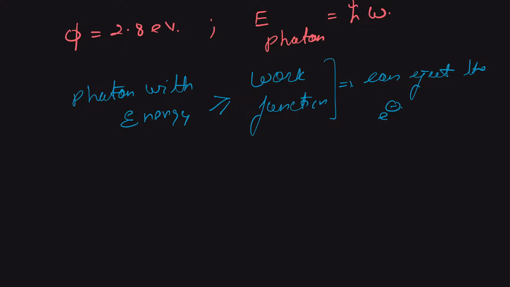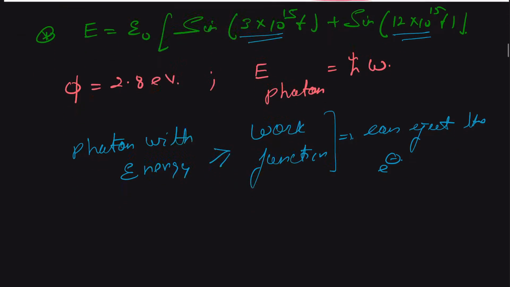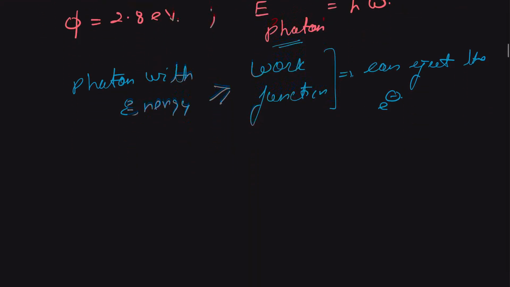So the energy of the photon is given as h-bar times omega. Photons with energy greater than or equal to the work function, only these can eject the electrons. In this case we have two different frequencies, this is omega 1 and this is omega 2, and we are going to find the photon energy associated with each of the frequencies.